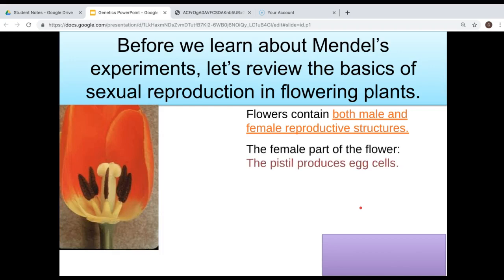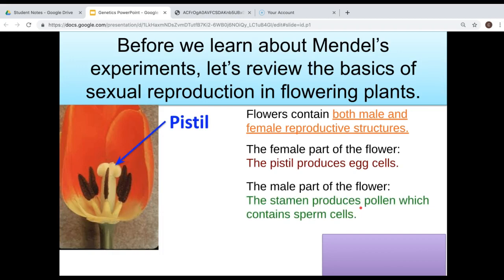We call the female part of the flower the pistil, and it produces egg cells. The male part of the flower is called the stamen, and like I said earlier, it produces pollen, which contains sperm cells.